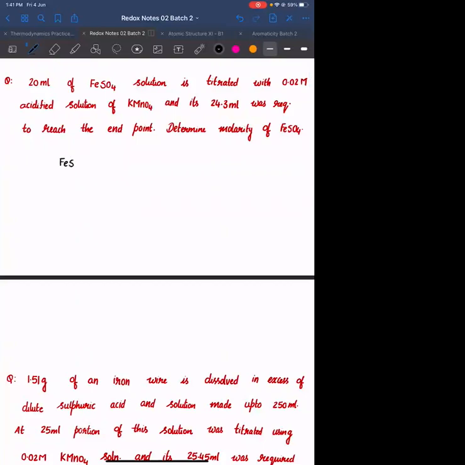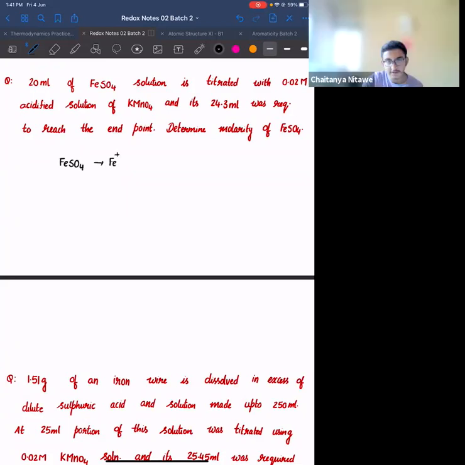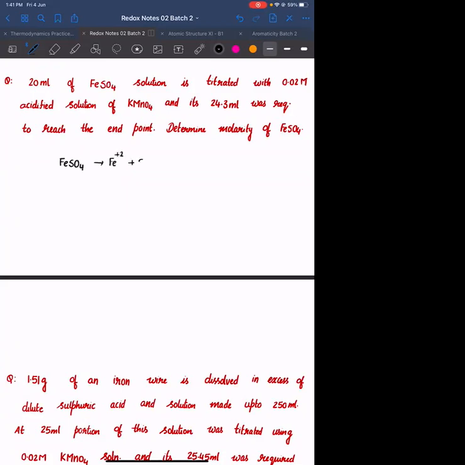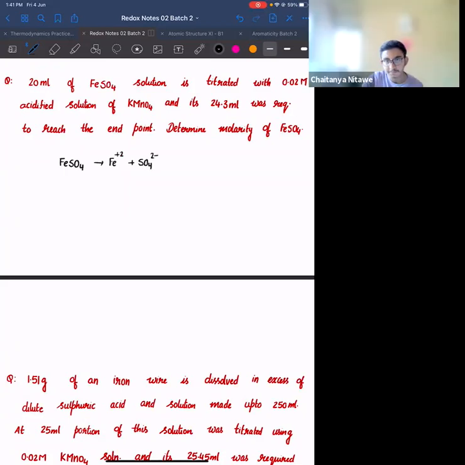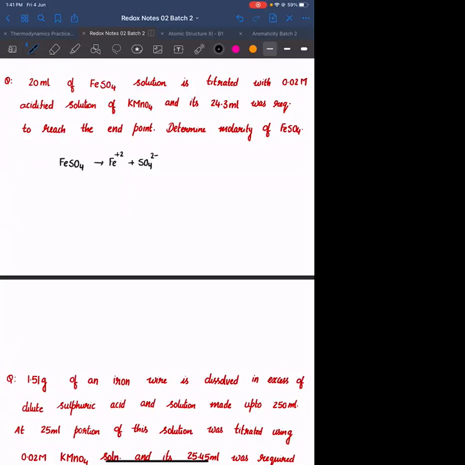You have FeSO4, split this. FeSO4 has Fe2+ and SO4 2-. This KMnO4 is a powerful oxidizing agent. KMnO4 and K2Cr2O7 are very good oxidizing agents. What is meant by an oxidizing agent? It will oxidize the other substance.